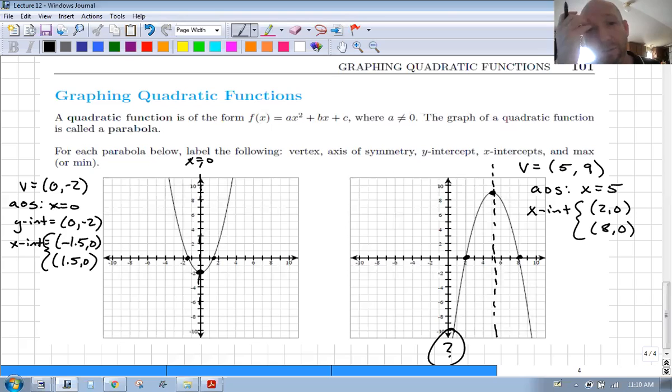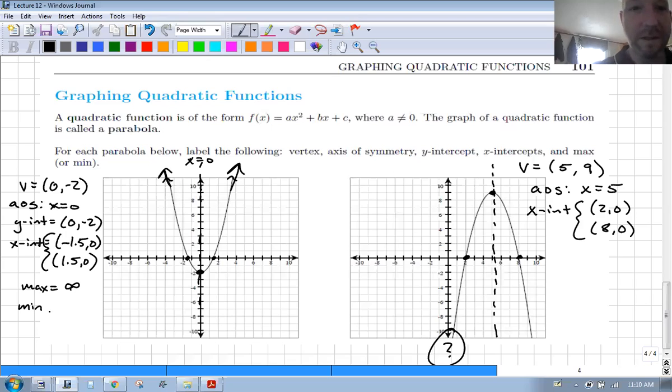All right, maximums or minimums. The one on the left, the maximum is infinity. It goes all the way up forever, right? The minimum, however, when they say max and mins, they're talking about the y values, the output of the function, the f, if you will. The minimum is at -2, where the vertex is.